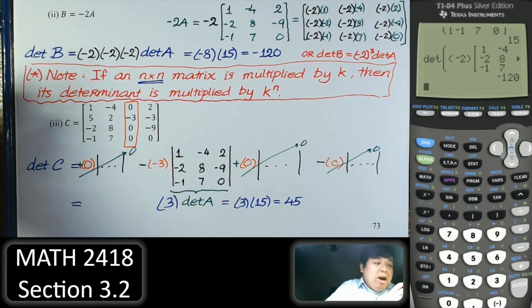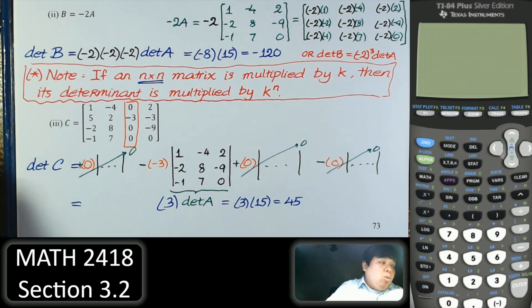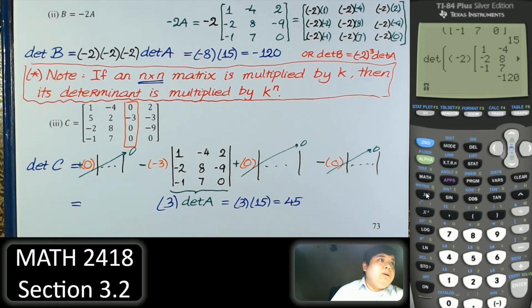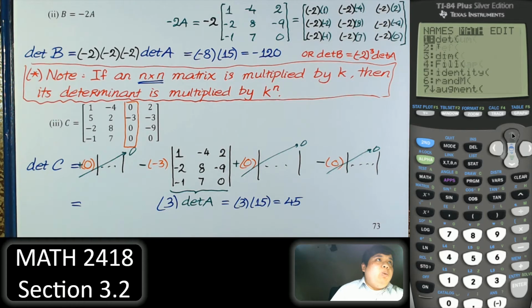It's just that when we evaluate a determinant, we're going to pick the row or column that has the most 0s in it. Right, just going to evaluate very quickly the determinant. Determinant is the first option.